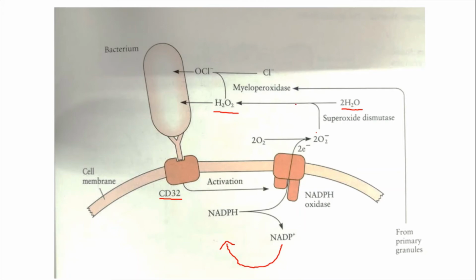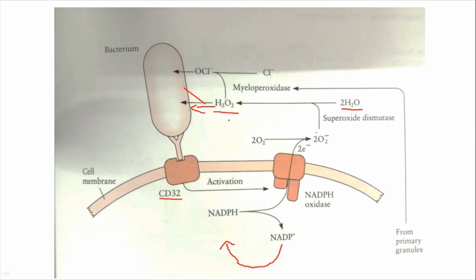Hydrogen peroxide is toxic to the bacteria and may disrupt the secondary digestion, because the reaction takes place in the secondary granules.